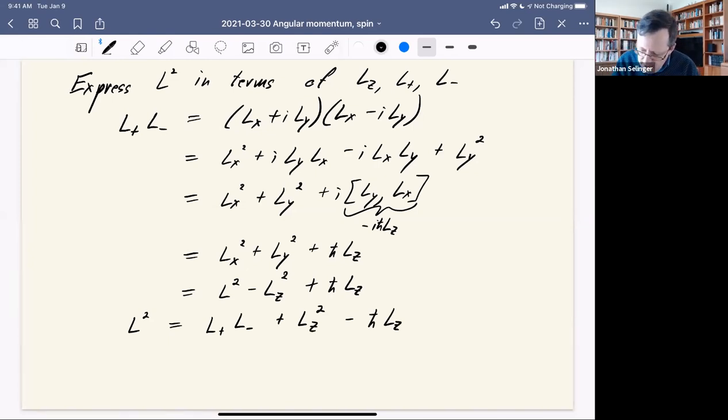So this is one nice way of expressing L squared in terms of LZ, L plus, and L minus.